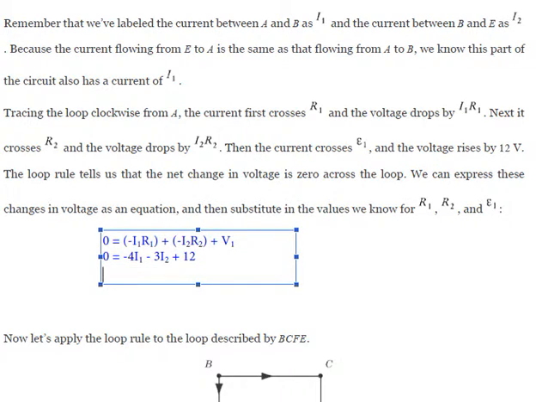Alright, and we can clean it up a little bit more. So 12 is equal to 4I1 plus 3I2. Alright, and that's the equation for our first loop. 12 is 4I1 plus 3I2.